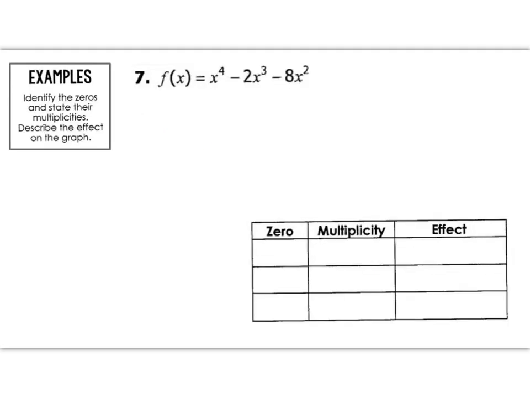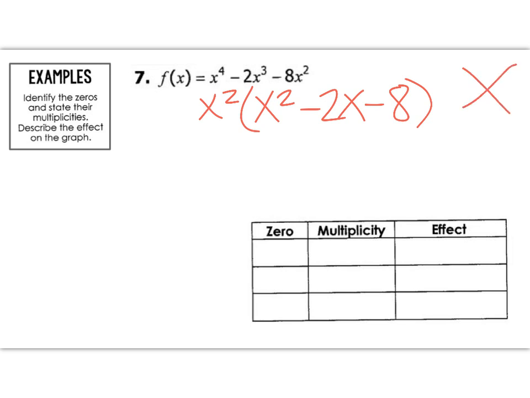All right, here's an example problem where we're given this polynomial function. We want to identify the zeros and state their multiplicities and describe the effect it has on the graph. So start first by factoring. We want to take out a GCF, which would be x squared. So x squared, we're left with x squared minus 2x minus 8. We do our diamond, negative 8 on top, negative 2 on bottom.